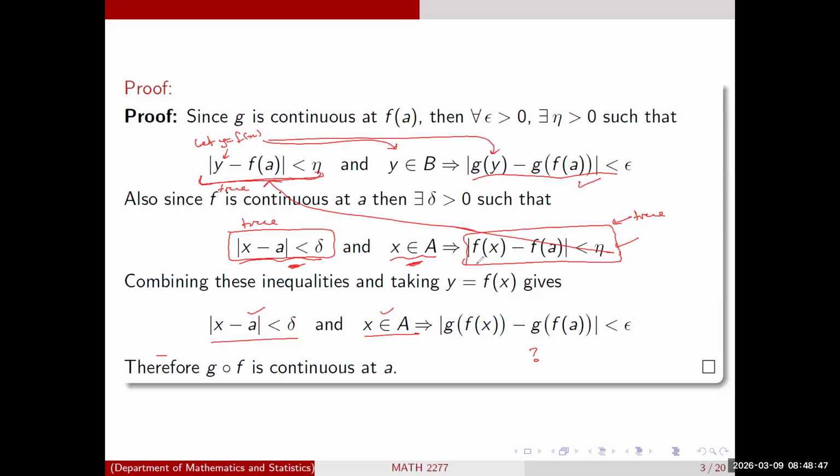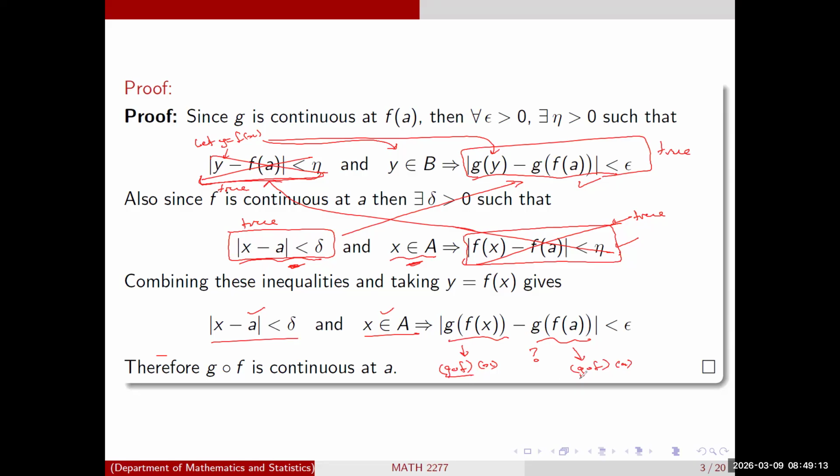I'm going to now remove this one and go straight to here. So this is true means this is true. Replace y as f of x. And this guy here is just g composed with f of x, and this one here is just g composed with f of a.